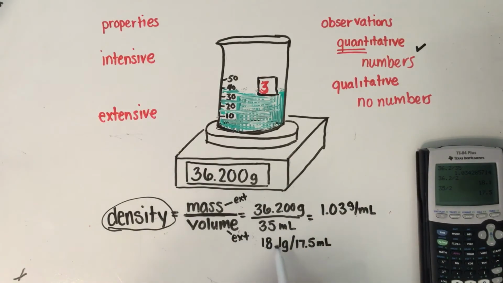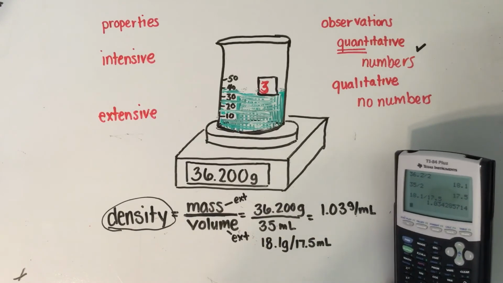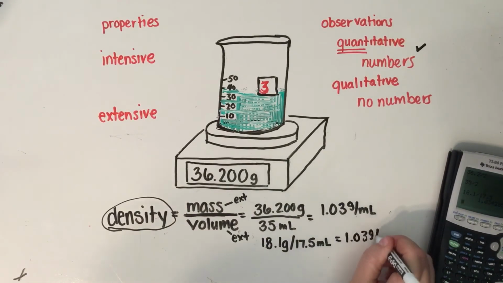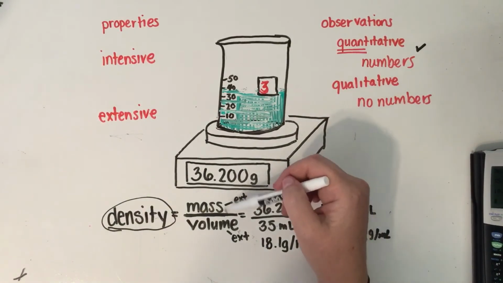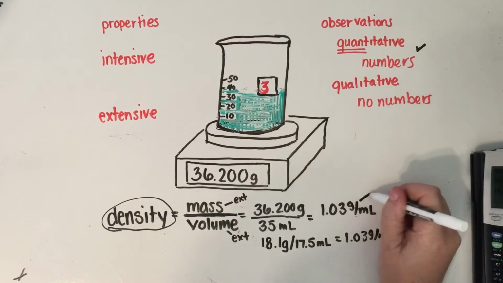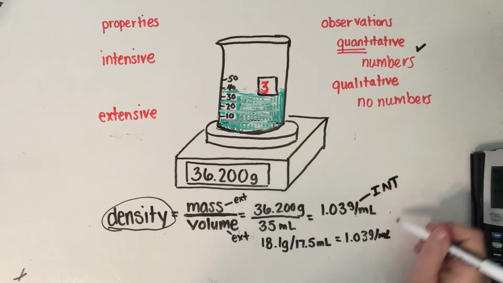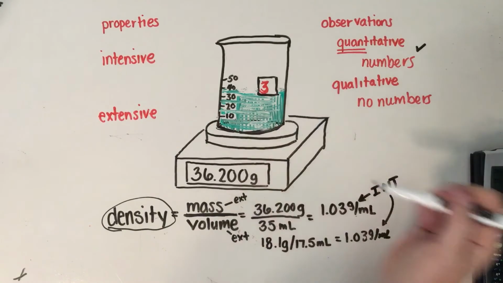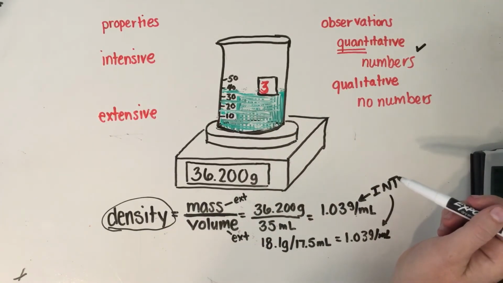By cutting both the top number and the bottom number in half, 18.1 divided by 17.5, that's still 1.03 grams per milliliter. Even though the top number and the bottom number changed, since both of those properties were extensive, the answer did not change because density is actually an intensive property. It does not depend on the amount within the sample. It's intrinsic to that specific type of matter.